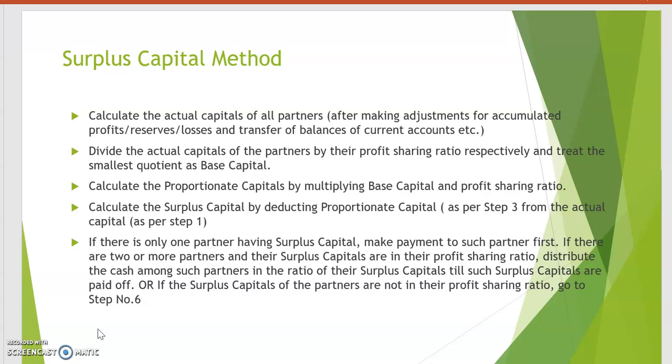Or if the surplus capitals of the partners are not in their profit sharing ratio, go again to the calculation of steps 1 to 4. So it is necessary to find this out, and in the end only one person should remain with the absolute surplus capital, and this person will get the first preference in receiving the distribution of cash.